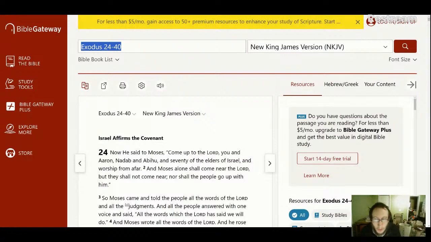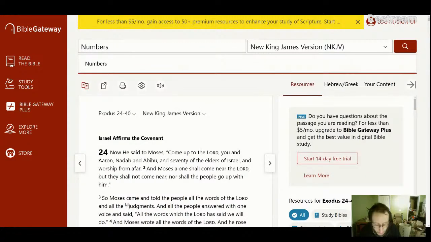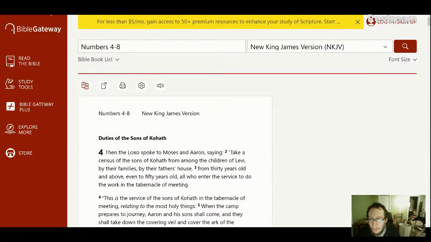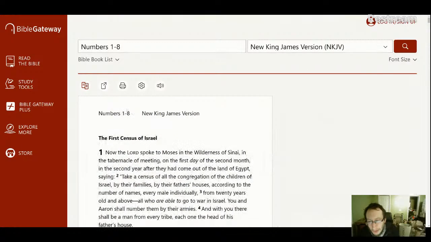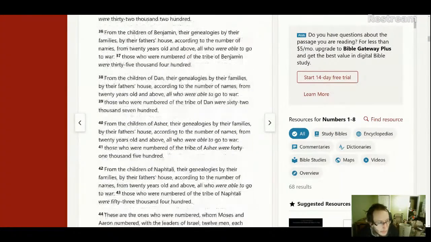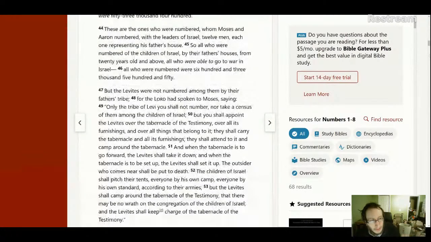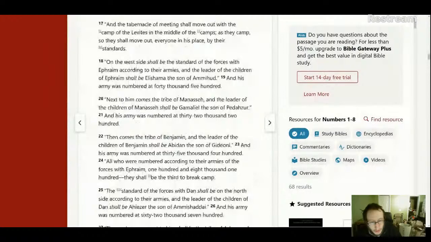Well, what's interesting is, remember I mentioned the reworked Pentateuch in the Dead Sea Scrolls. Well, the reworked Pentateuch actually has something interesting. So watch right here. In the book of Numbers, we're using the New King James Version right now, okay? It gives the census in the book of Numbers. Most copies of the book of Numbers in the Dead Sea Scrolls and outside the Dead Sea Scrolls agree with the order as we have it.